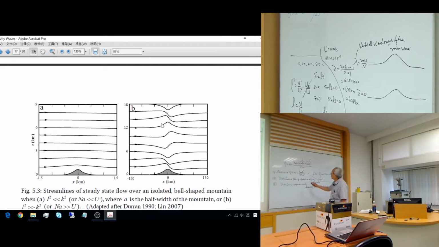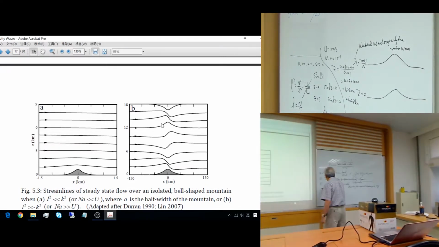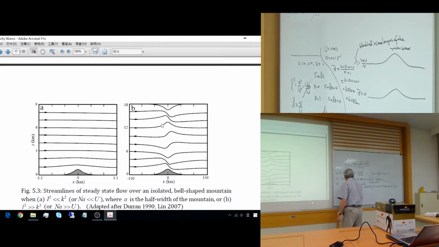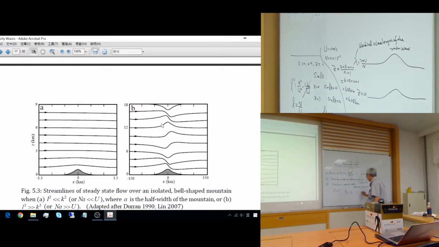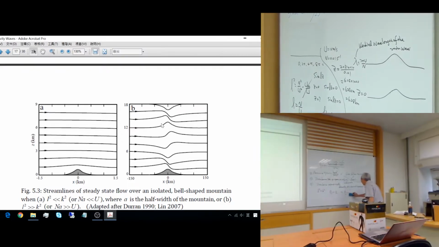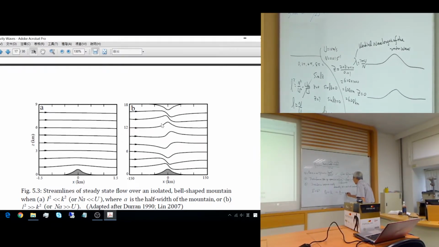And we are talking about the case where L squared is much greater than K squared. That means N over U is much greater than 1 over a. This means a over U is much greater than 1 over N, and 1 over N is the vertical oscillation.